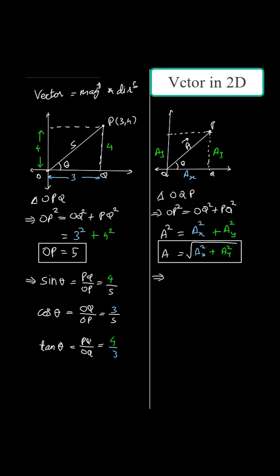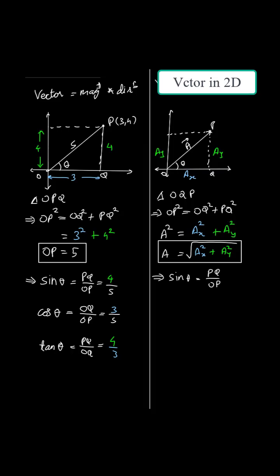Let's try to find out the direction. Direction means we have to find out the angle theta. Now, as we know, sine theta is opposite upon hypotenuse. So we will get PQ upon OP.